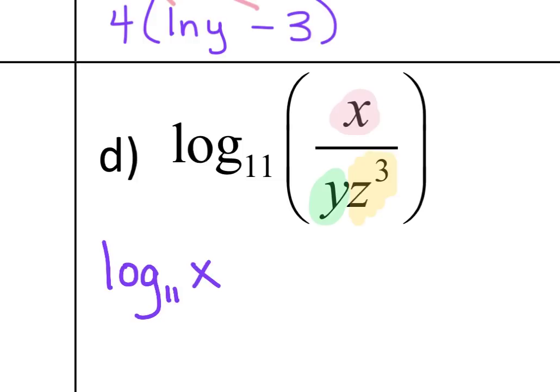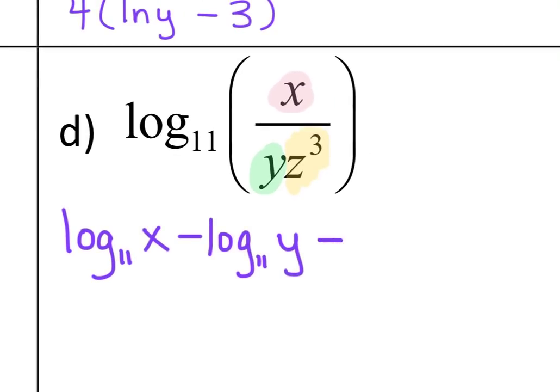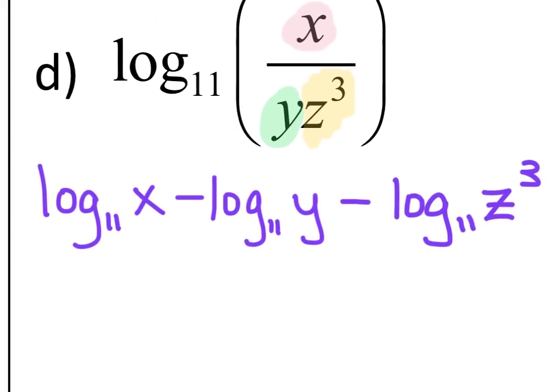Now, the y is in a denominator, so I'm going to subtract log base 11 of y. The z is also in the denominator, and so I'm going to subtract log base 11 of z cubed. Just make sure that you understand that the y and the z are minus logarithms because they were in a denominator.